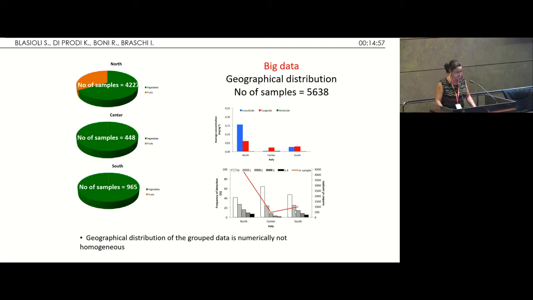We can observe that the center, for example, has the highest number of samples with active ingredients below the limit of quantification. Sorry, it's a little bit tricky.